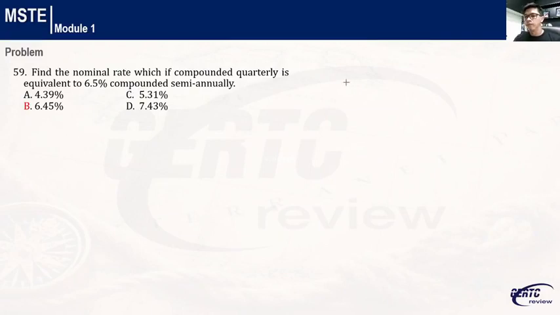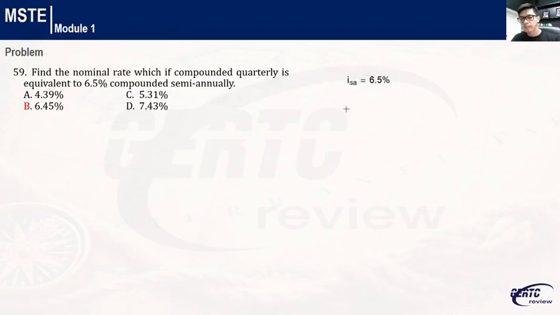So, we have here, given, I will just denote yung 6.5% semi-annually. Interest rate semi-annually, compounded semi-annually. That is 6.5%. Okay, but we want to calculate the nominal rate that is compounded quarterly.